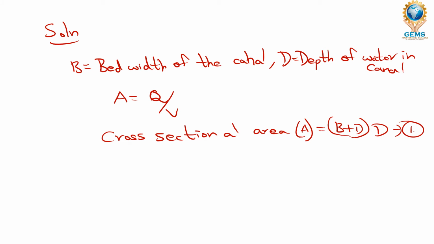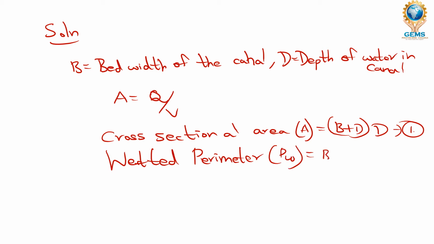Okay, the canal is trapezoidal, and you can refer to what a trapezoidal section is in our Chezy's design. So our cross sectional area A is (B plus SD) into D. Now our wetted perimeter is PW is equal to B plus 2D root of (1 plus S squared).